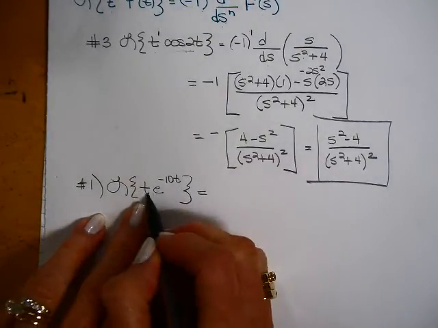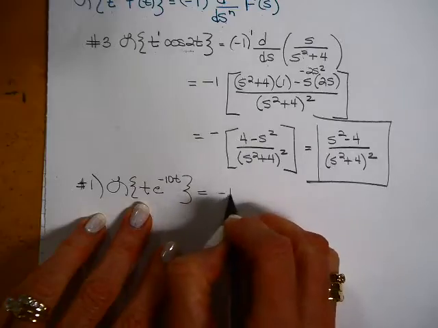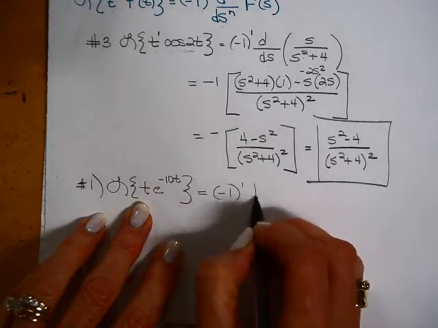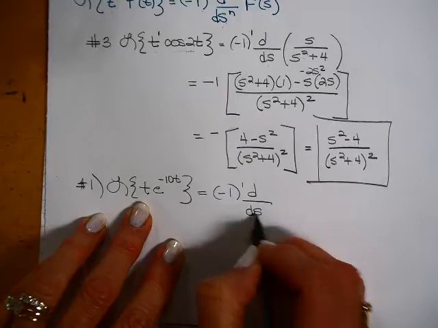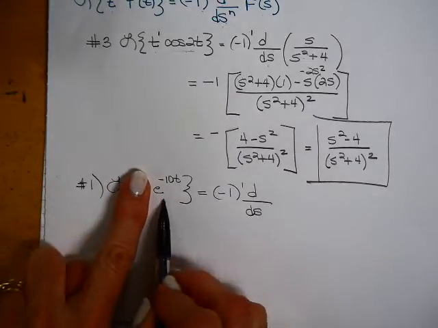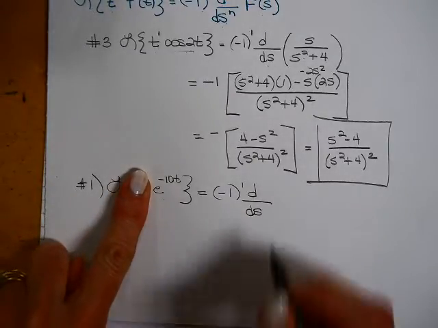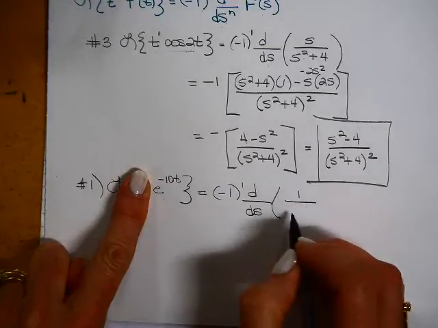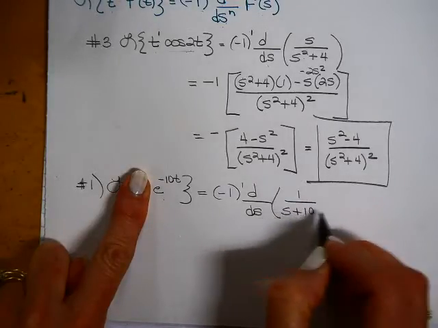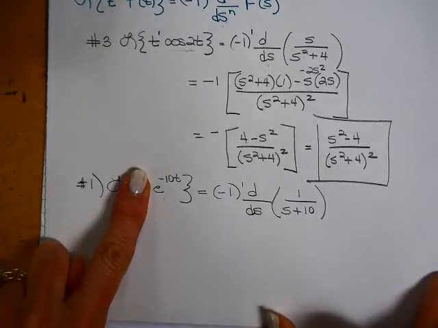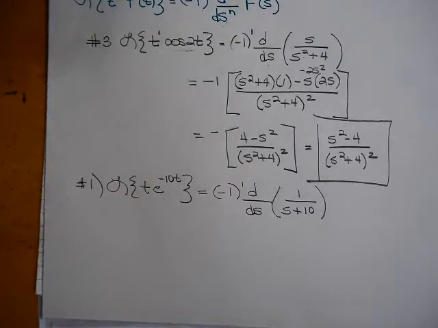Again, this one would be the first derivative, so that's -1 to the first power times the first derivative of the Laplace transform of e to the negative 10t, which is 1 over s plus 10, if I'm not mistaken. And I better check. Yes.